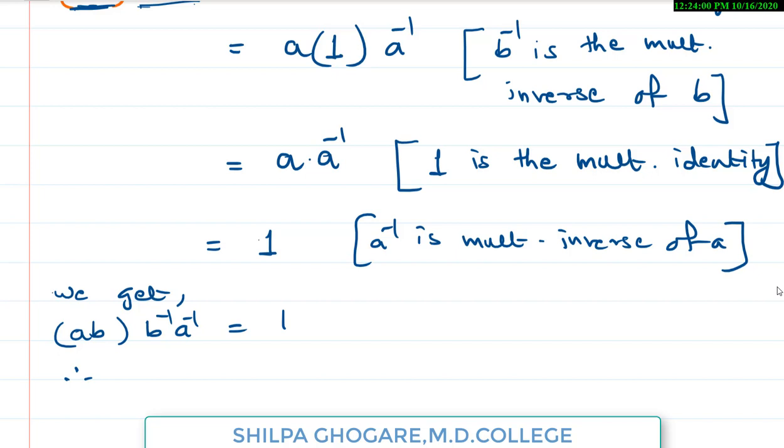And therefore, B inverse A inverse is the multiplicative inverse of this AB. And the same statement, how do I write using the notation?